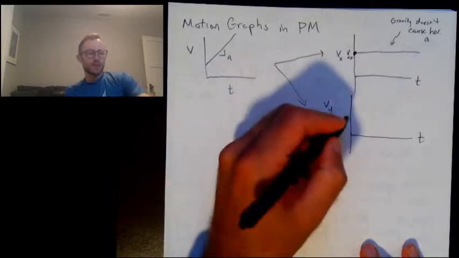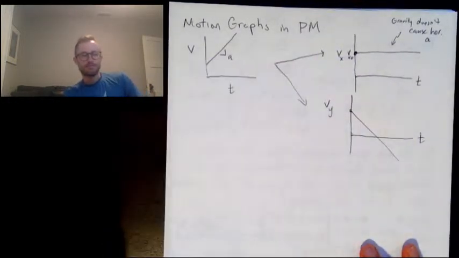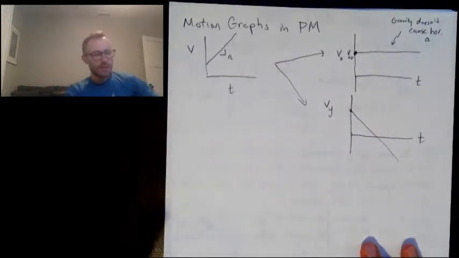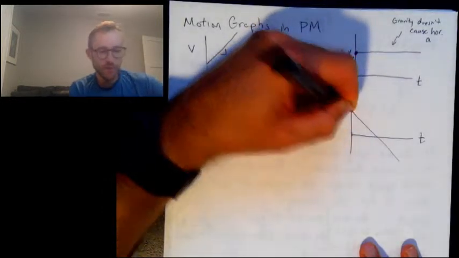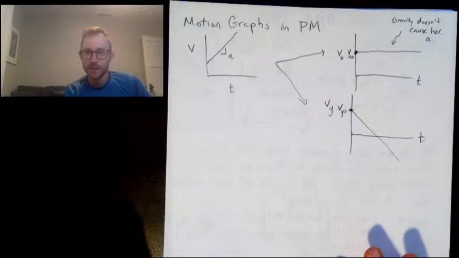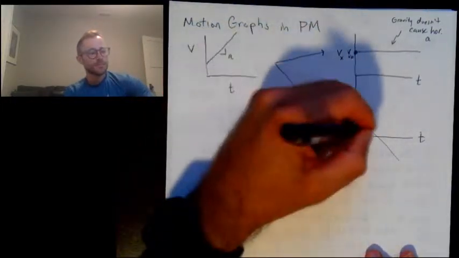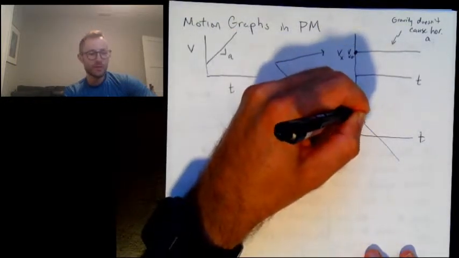The y velocity is going to be sloped downward, okay? It's going to look like that. Its intercept is going to be the initial y velocity, okay? And the slope is going to be whatever the acceleration due to gravity is.